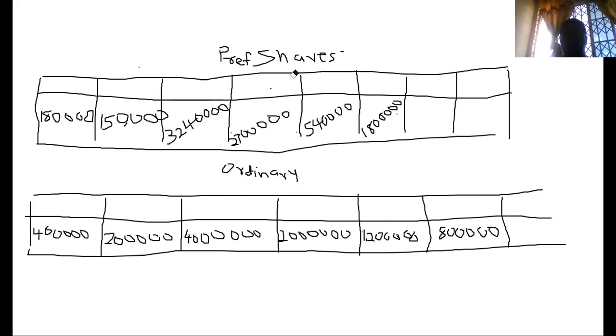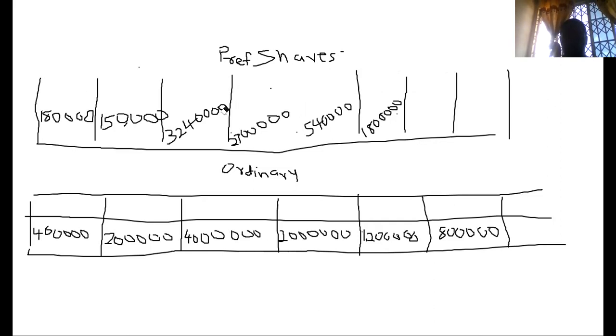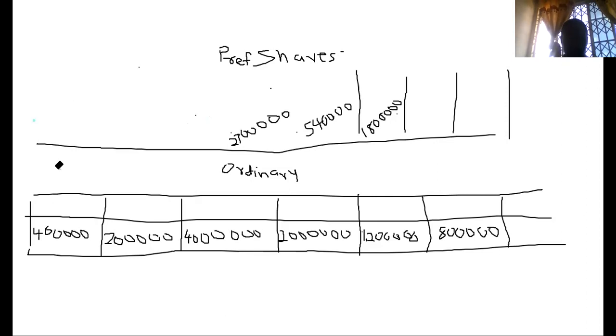So let's look at the entries. Actually, I'm unable to write properly. For preference shares, you have to pass the entries for application, that is, when applicants apply, the money they have paid.